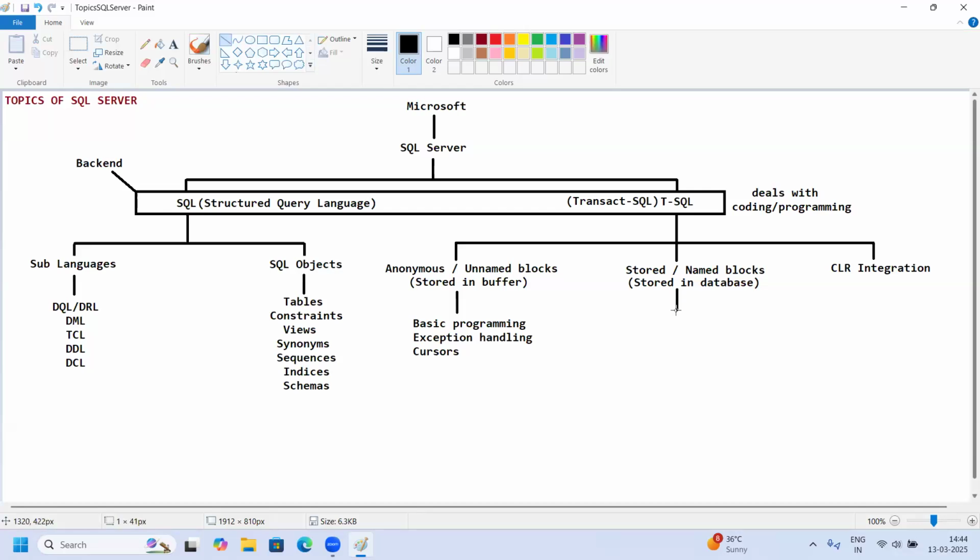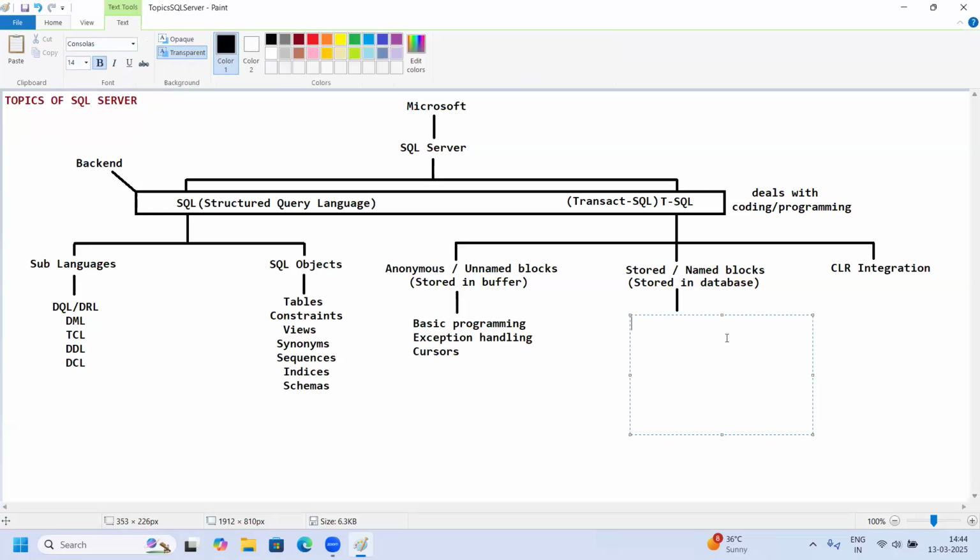In this, we are going to study stored procedures, stored functions, stored triggers.